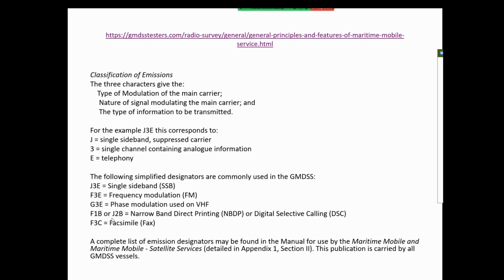The F and JB, that's basically getting into narrowband direct printing or digital selective calling. And if it's F3E, that's a facsimile, which I think we're going to get to the point where I'm going to have to explain what faxes are. But I think even your generation early on was exposed to the fax machine. So it's basically a printed page.